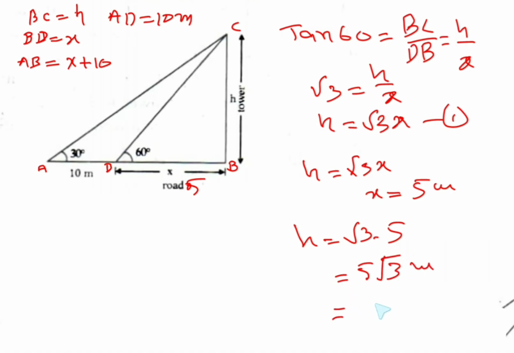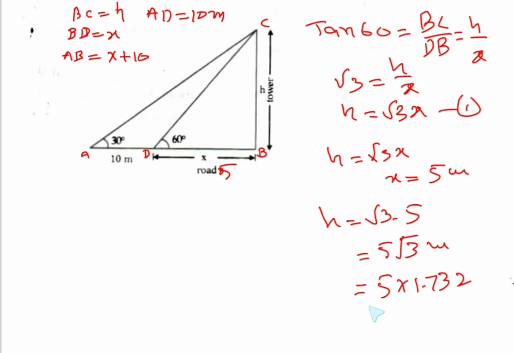We know the root 3 value is 1.732. 5 into 1.732 is equal to 8.66 meters.